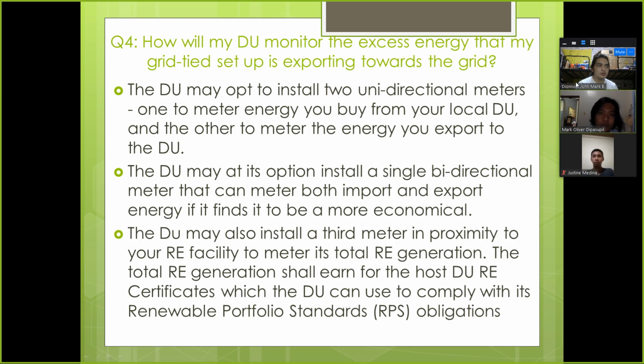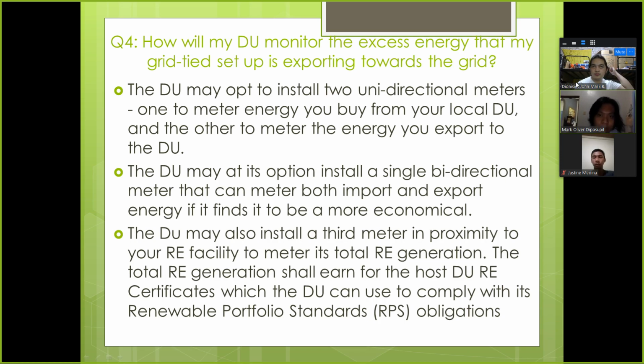Pero yung DU is i-recommend nila na mag-install ng dalawang unidirectional meters. Yung isa, yung metro na magka-count nung nagamit mong kuryente o yung nabili mo mula dun sa distribution utility mo.